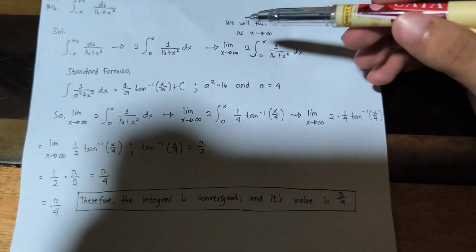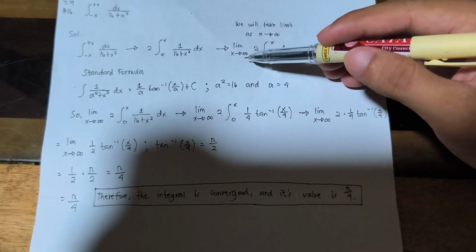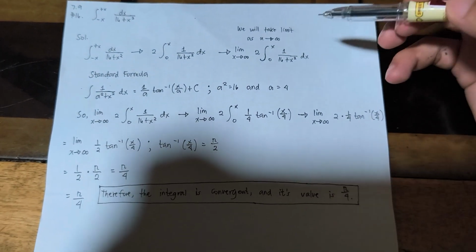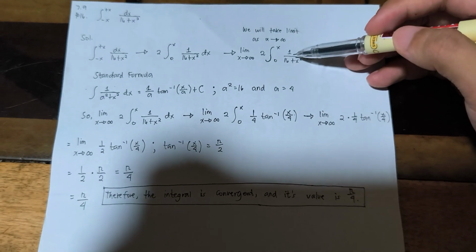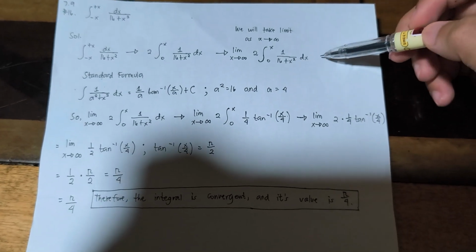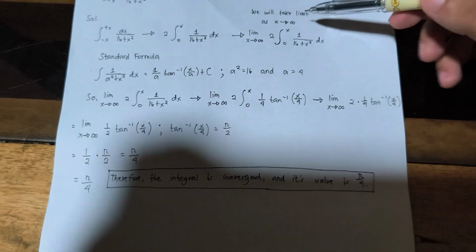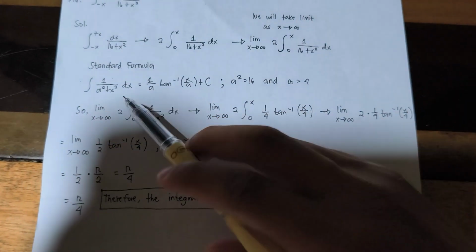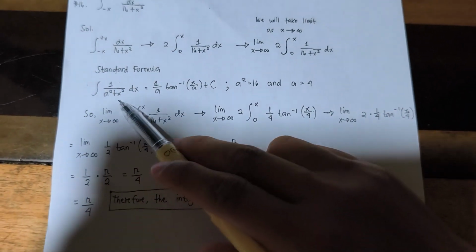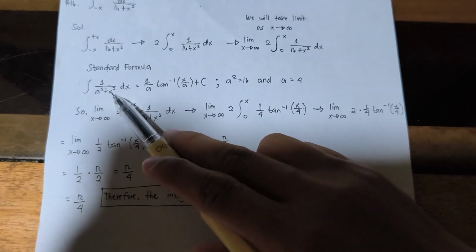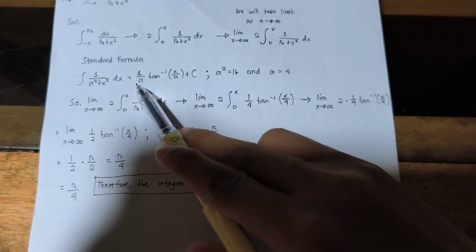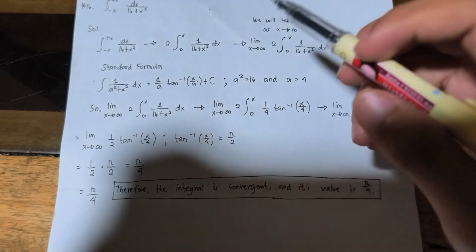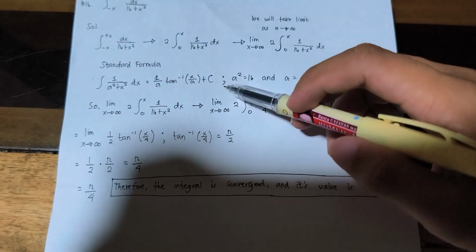So we have the limit as x approaches infinity of 2 times the integral of 1 over 16 plus x squared dx from 0 to x. Then we have a standard form here, which is the integral of 1 over a squared plus x squared dx becomes 1 over a arctan of x over a plus c.